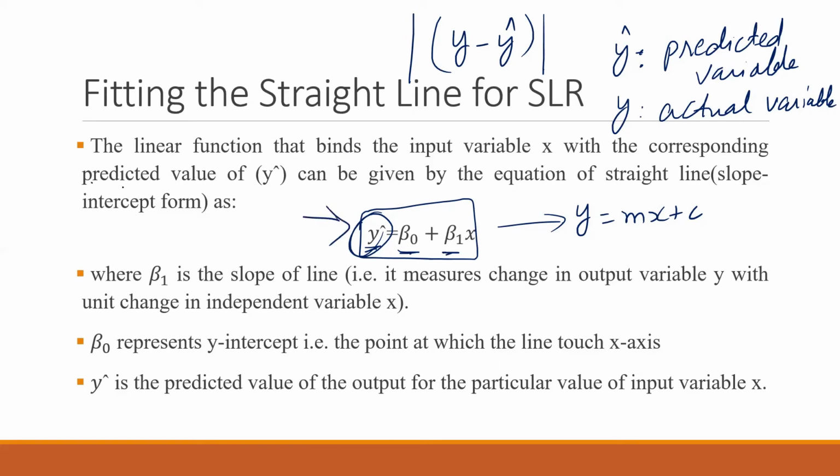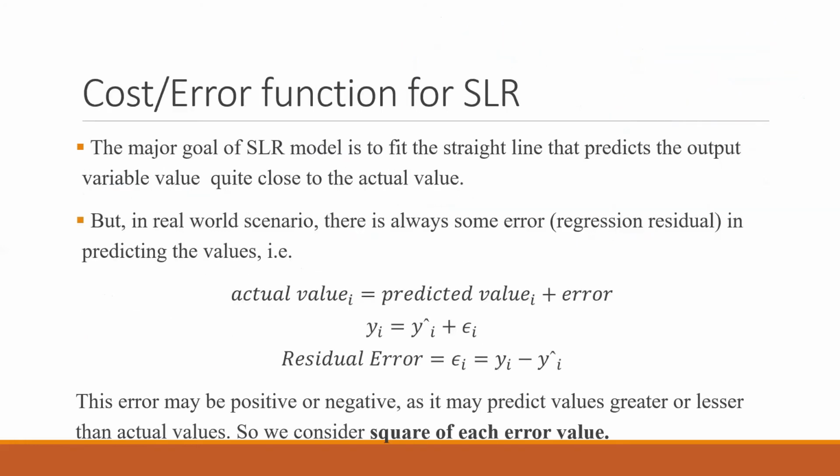It is written here also, this is the predicted value, and input variable x with the corresponding predicted value y can be given in this equation, where beta 1 is the slope of the line, this m thing, same, right? And then beta naught is my y intercept, which was this c in our small classes. So y hat is the predicted value of the output for the particular value of input variable x. Now we want to see what is the error or the cost, right?